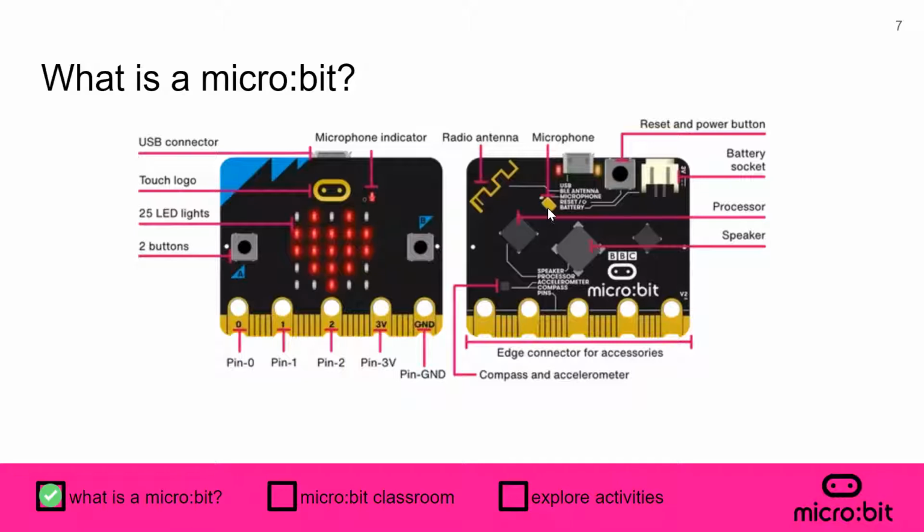You also have a temperature sensor for measuring temperature. And here, this gold bar represents the radio antenna for wireless communication between Microbits or for pairing your Microbit to a mobile device. So this is the radio and Bluetooth antenna.